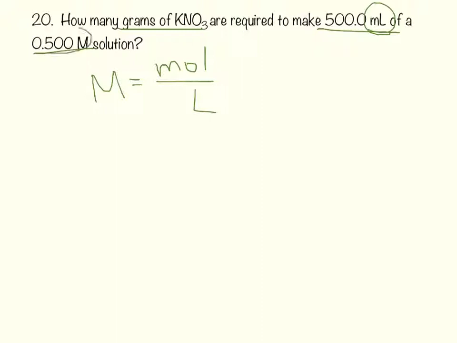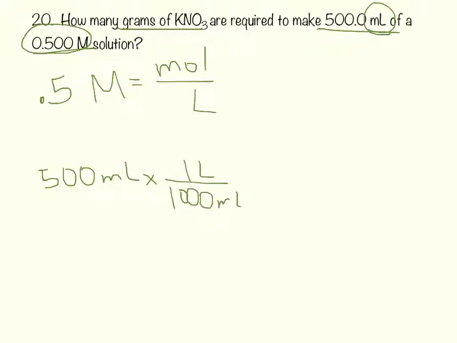I'm also going to take this 0.50 and plug that in for molarity. So, to convert milliliters to liters, there are 1,000 milliliters in every 1 liter. Gives me 0.5, so I'll plug in 0.5 right here.